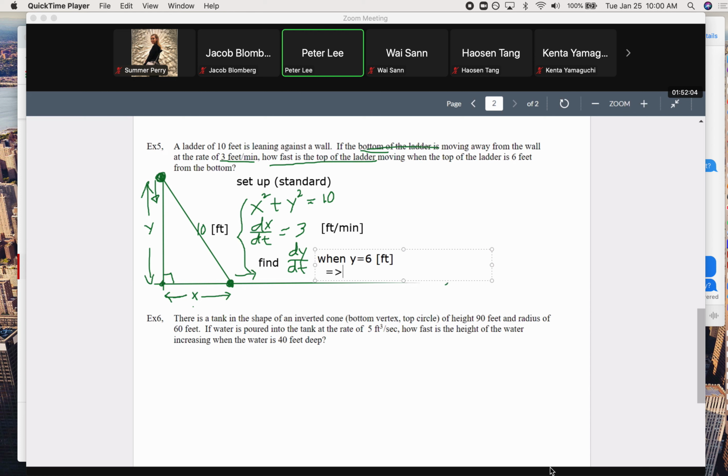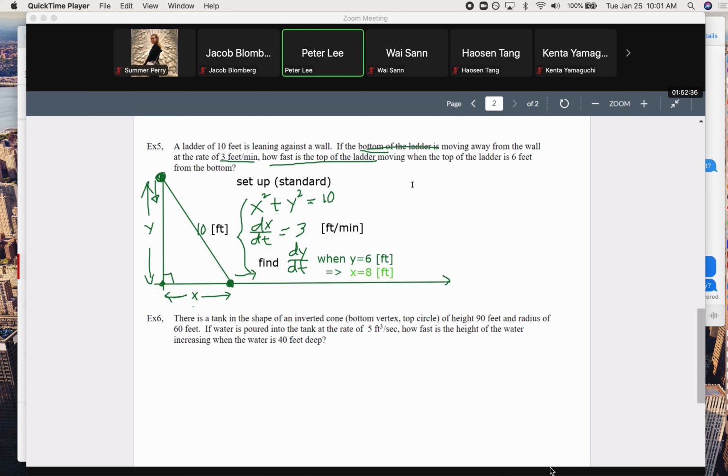Let me write this in light green: when y equals 6, x is equal to 8 feet. So I'm going to put that in light green, okay?